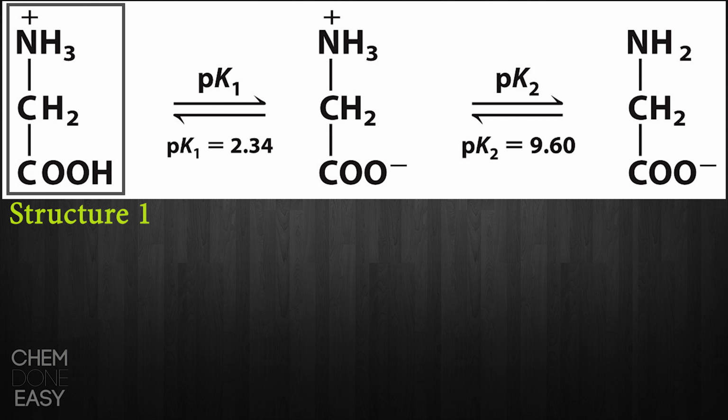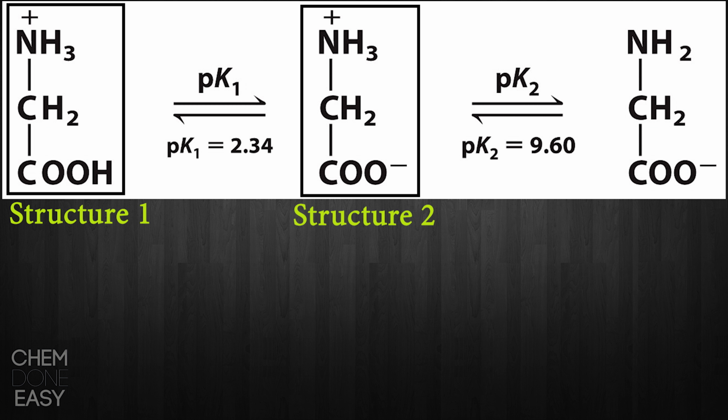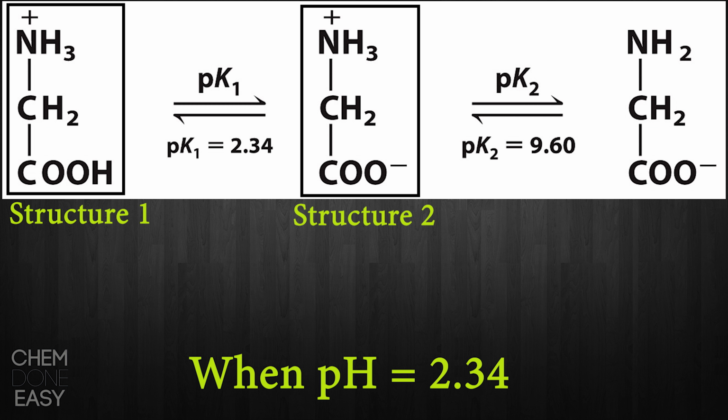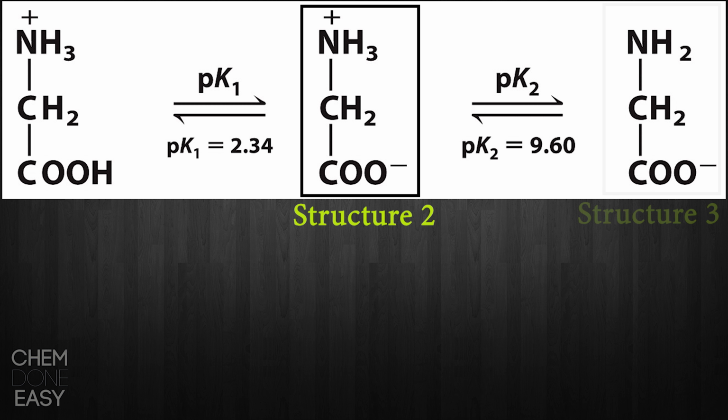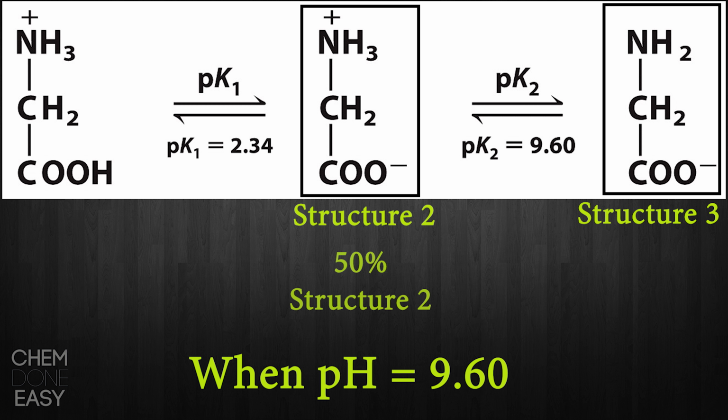If we look at structure 1 and structure 2, because we know that the pKa of structure 1 and structure 2 is 2.34, we know that glycine at a pH of 2.34 will be comprised of 50% of structure 1 and 50% of structure 2. Now the exact same argument can be made for structure 2 and structure 3. This means that at a pH of 9.6, 50% of our glycine molecules will be in structure 2, and the other 50% will be in structure 3.